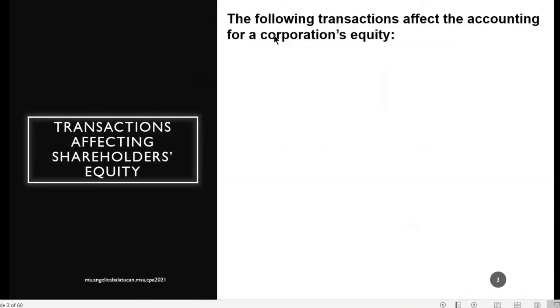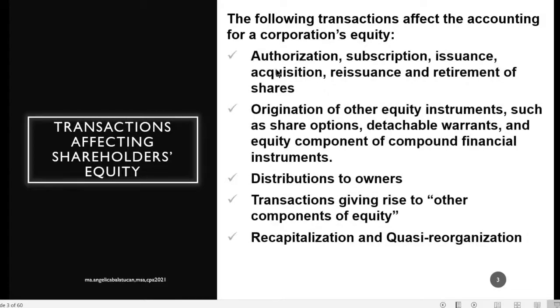The following are the transactions that affect the accounting for a corporation's equity. So we have the authorization, subscription, issuance, acquisition, reissuance, and retirement of shares. We have the origination of other equity instruments such as share options, detachable warrants, and equity component of compound financial instruments.